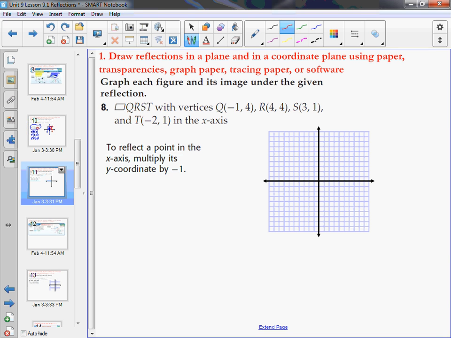The y-coordinates will change. So, let's graph this. Q is negative 1, 4. R is 4, 4. S is 3, 1. And T is negative 2, 1.